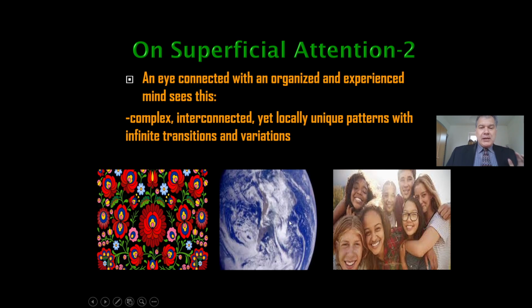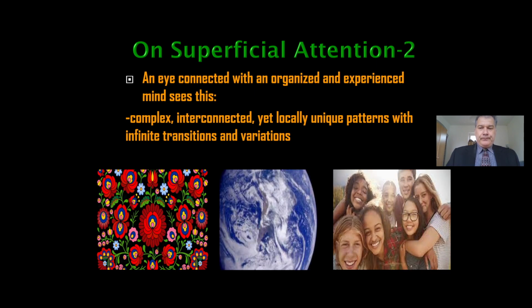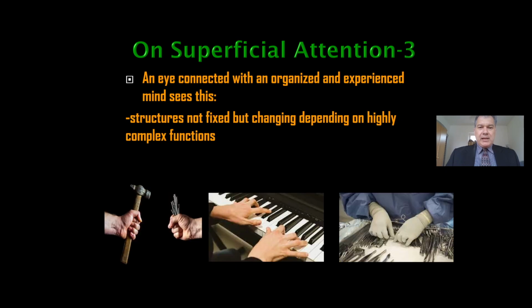Okay, so in other words, we are going to see transitions, variations, interconnectedness. Okay, but the whole thing brings out a complex pattern. Okay, so from here we want to go to here. How are we going to do that?